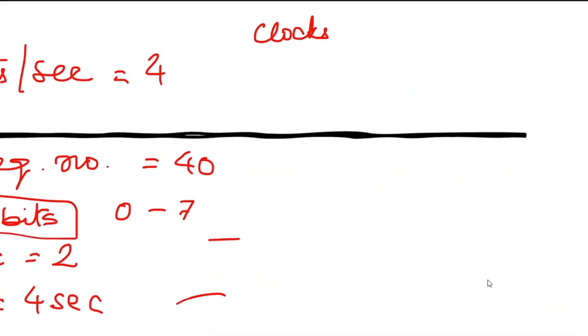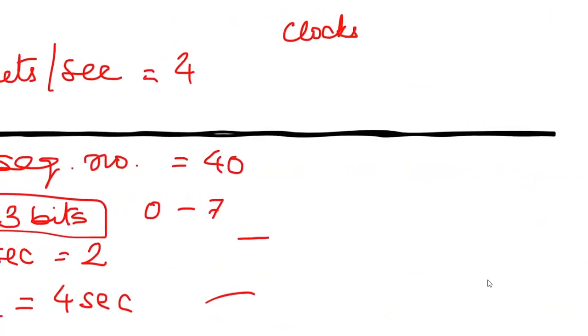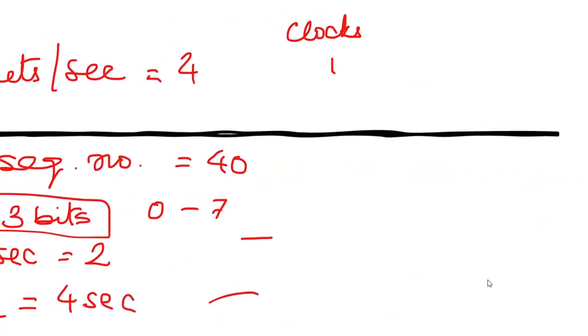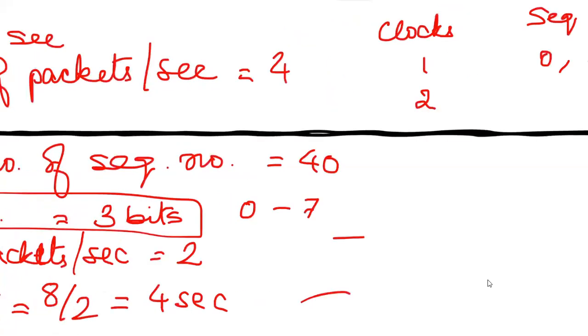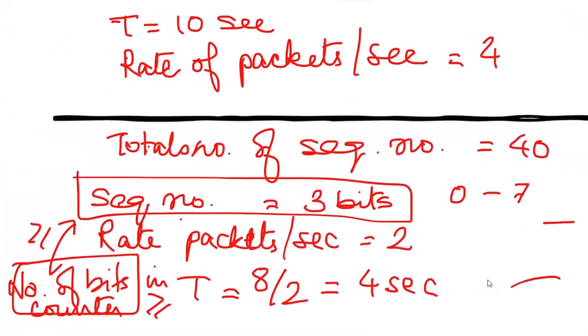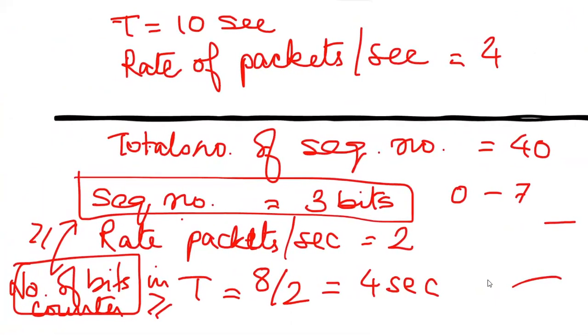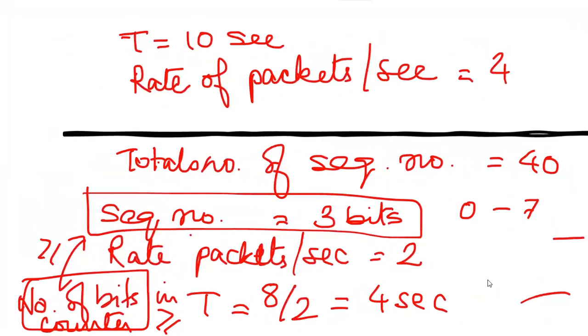So let's say when the clock is 1, then I can send sequence numbers 0 and 1. Then when the clock is 2, I can send, because remember at every clock tick I can send 2, my rate is 2 packets per second.